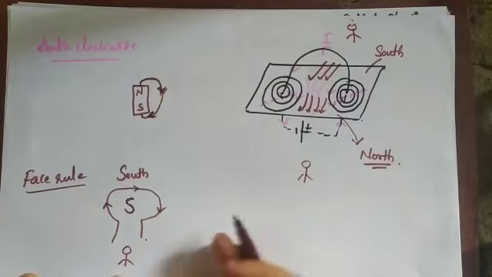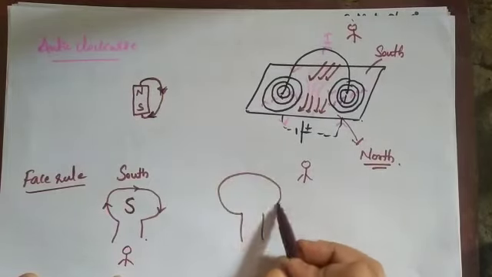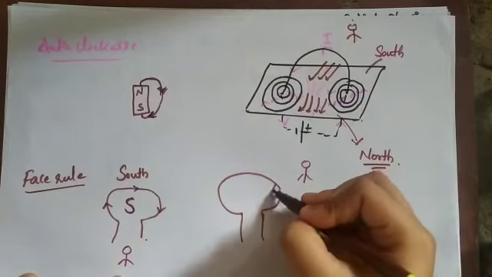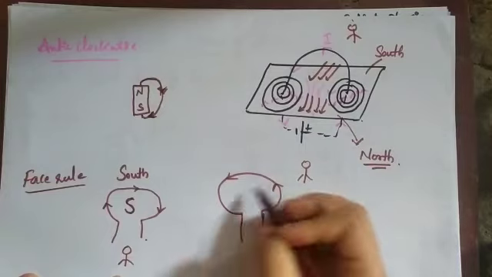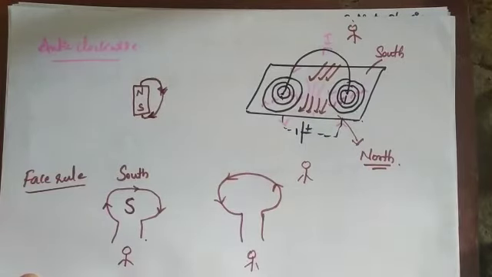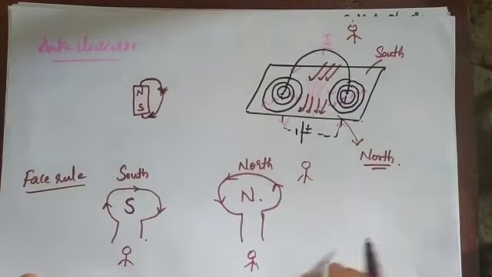If I consider it is in the anti-clockwise direction, in this direction, then wherever I am standing, that position will be the north pole. This is the north pole of the direction.